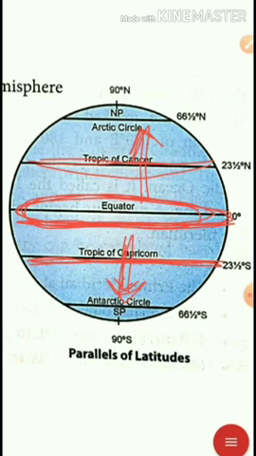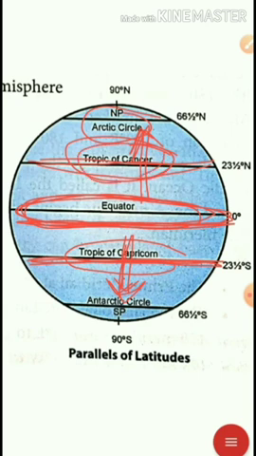Next, the Tropic of Capricorn and Tropic of Cancer are smaller than the equator, the Arctic Circle is smaller than the Tropic of Cancer, and the Antarctic Circle is smaller than the Tropic of Capricorn.